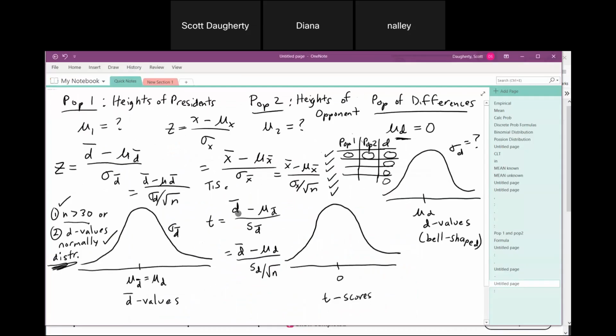If you're going to convert a D bar value into a t-score, you would say D bar minus the mean of the D bar values over the standard deviation of the D bar values. The standard deviation of the D bar values would be sigma sub D divided by the square root of n. But if you don't know sigma sub D, which we don't, you substitute the standard deviation from the sample in, so the standard deviation of the differences from the sample. And once you plug S sub D in for this, it becomes a T distribution instead of a Z distribution. Okay.